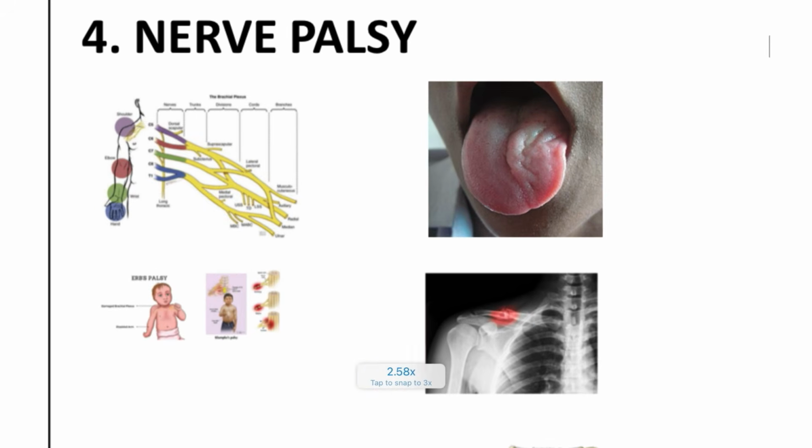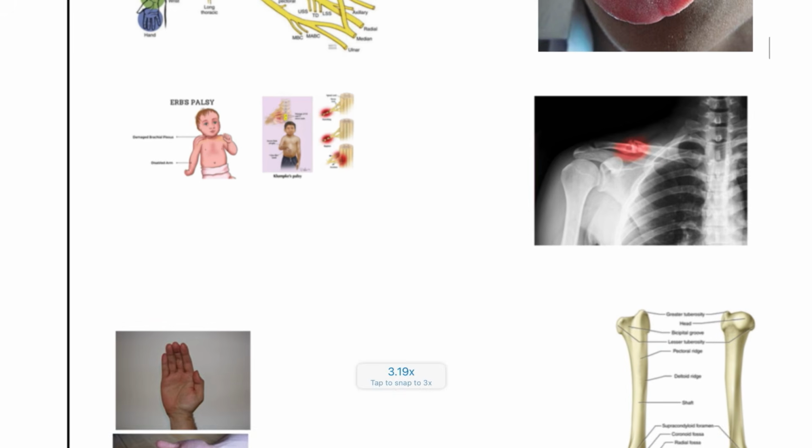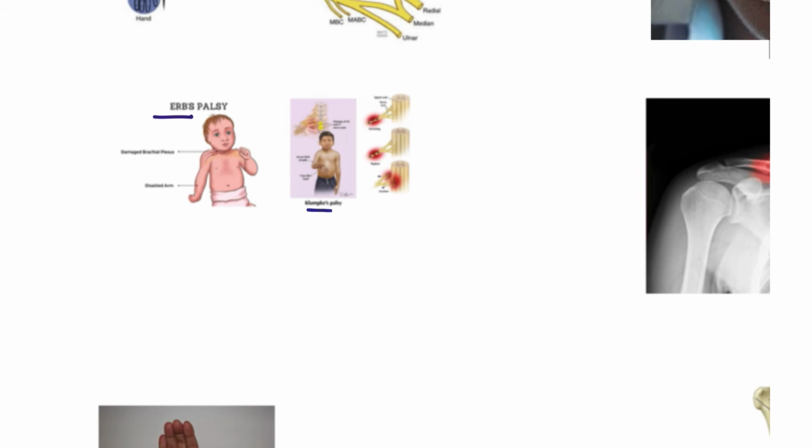Next, moving on to the nerve supply and the different types of nerves and their injuries that we are going to discuss now, right? The first two important discussions are Erb's palsy and Klumpke's palsy. What are the nerve roots involved in Erb's palsy? C5 and C6, and Klumpke's palsy is C8 and T1. So this is the upper trunk and this is the lower trunk, right?